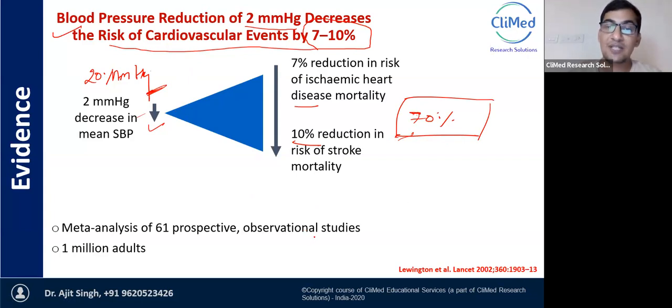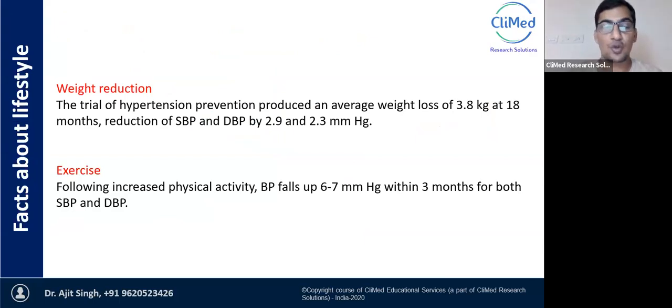There was one meta-analysis with 61 studies, and they observed more than 1 million adults, and that meta-analysis says that reducing the blood pressure by 2 mmHg decreases your cardiovascular event risk or stroke risk by 7 to 10%. Okay, so that's why it is very important to keep our hypertension in control.